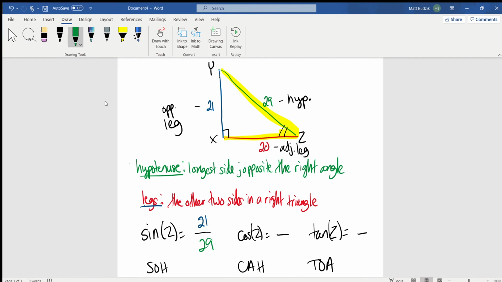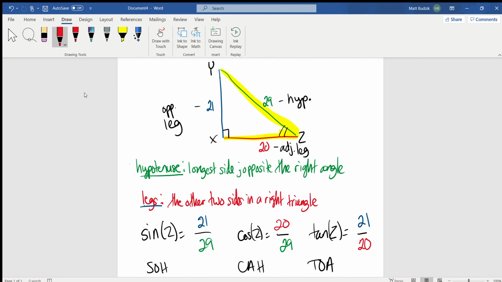And then my cosine, adjacent over hypotenuse, so this is going to be my adjacent leg of 20 over 29. And then my tangent is opposite over my adjacent, so that's going to be 21 over 20. And again, you're using the same three numbers, but the ratios will change completely based off of which angle you're working with.